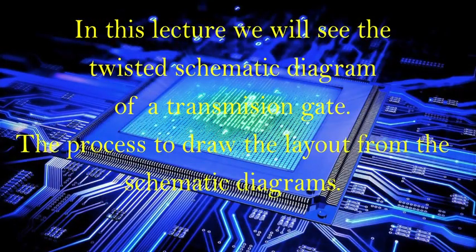In this lecture, we will see the schematic diagram of a transmission gate, then how to draw the twisted diagram from the normal schematic, and finally the layout. So it's a transmission gate.